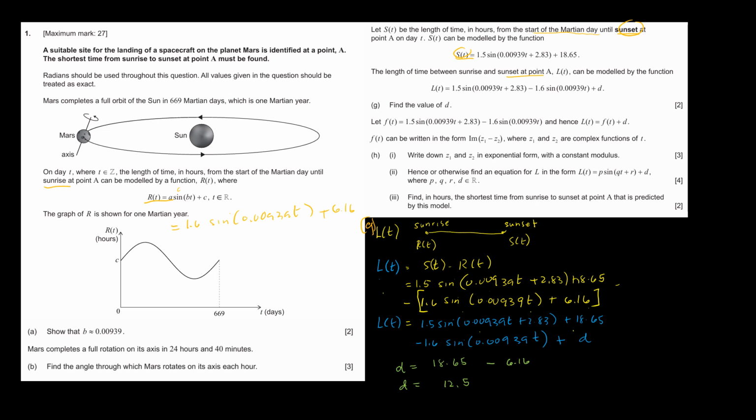So I have here the model or the diagram of sunrise to sunset. They start at the same day until sunrise and until sunset. So from sunrise to sunset could be solved by S of t minus R of t. And S of t is given by this one, and R of t is this.